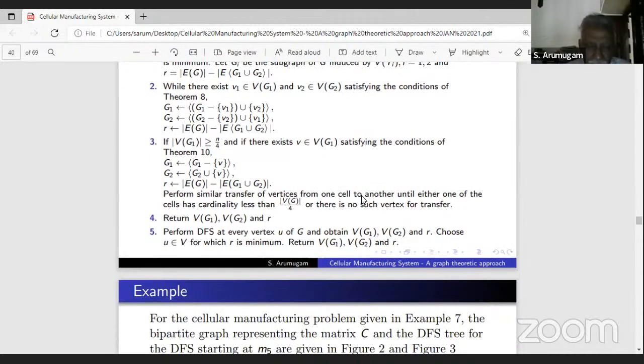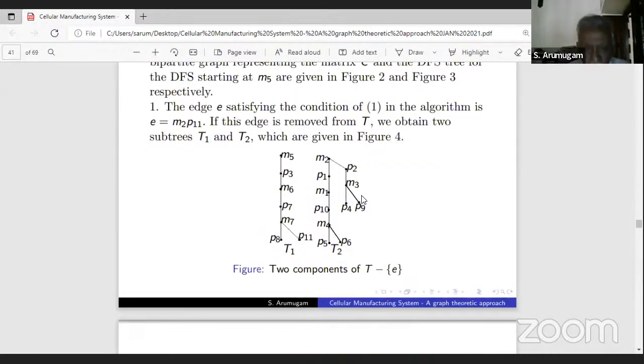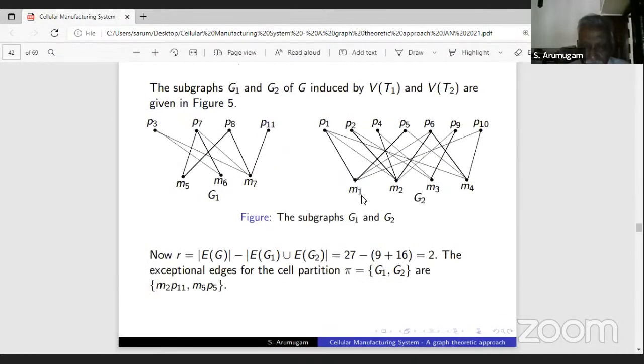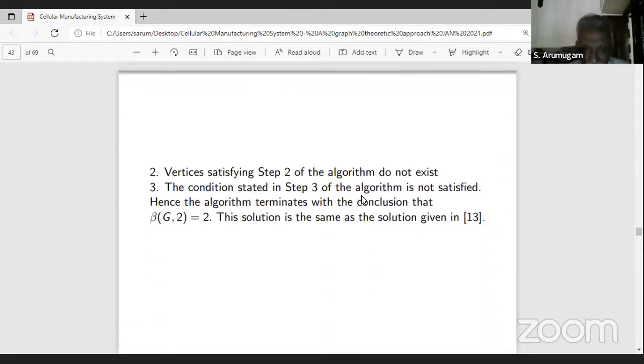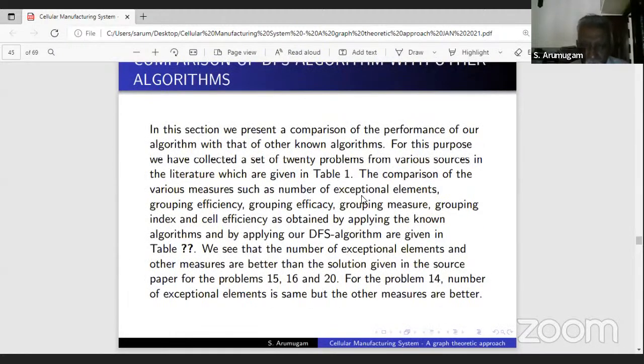How good is the algorithm? For that purpose, I did a very peculiar exercise. I'll tell you. Comparison of my algorithm with other algorithms.